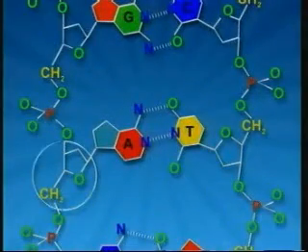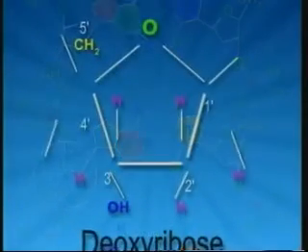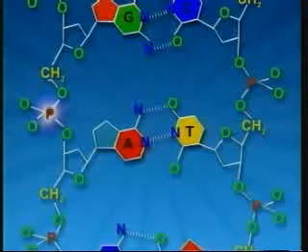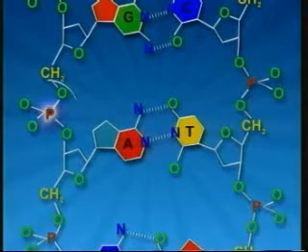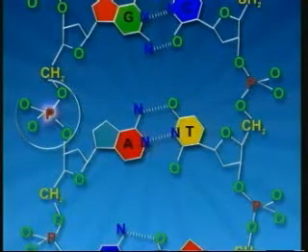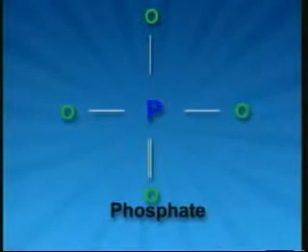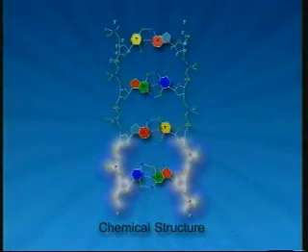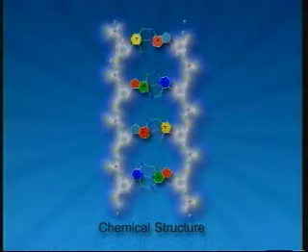A 5-carbon sugar molecule called deoxyribose is one of the subunits. Attached to one of its ends is the subunit of a phosphate molecule. These two make the backbone of the helix.